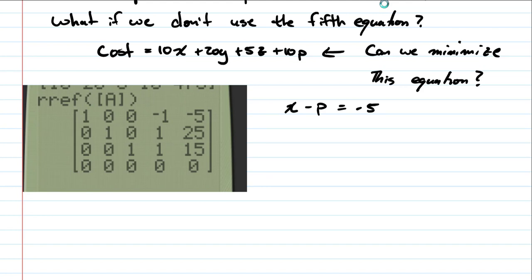Our second equation is y plus p has to be 25. And our third equation is z plus p has to equal 15. So in this case, once again, we're going to have a parameter in our solution.